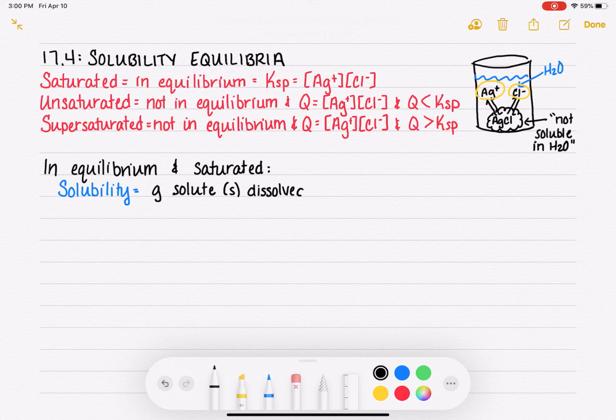So not how much did we put in the beaker, but how much of it actually dissolved. And this is going to be divided by the liters of our solution. The other way that we can express this is called molar solubility.